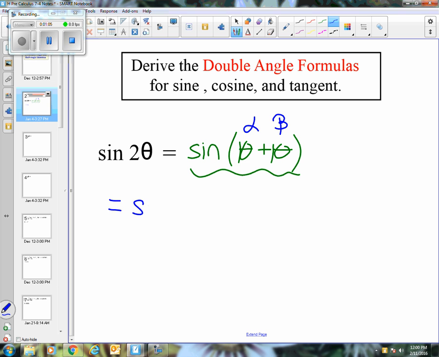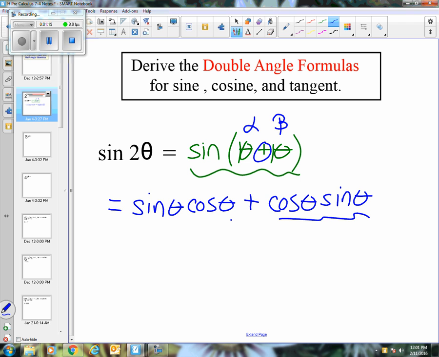So how that would look is sine of the first angle times cosine of the second angle, which also happens to be theta, plus cosine of the first angle and sine of the second angle. What you'll notice is these two terms, even though they're multiplied in the other order, that's the commutative property, they're still the same thing. So we'd have 1 plus 1 of them. That's going to give us 2 sine of theta times cosine of theta.